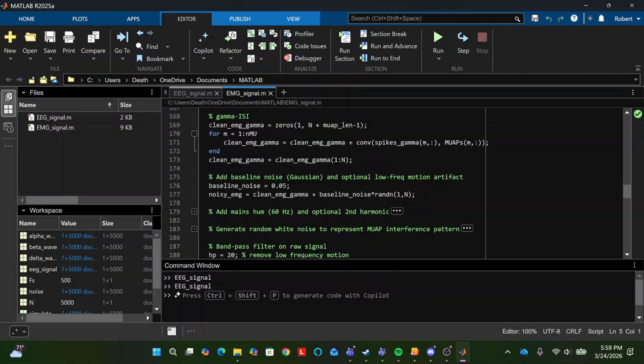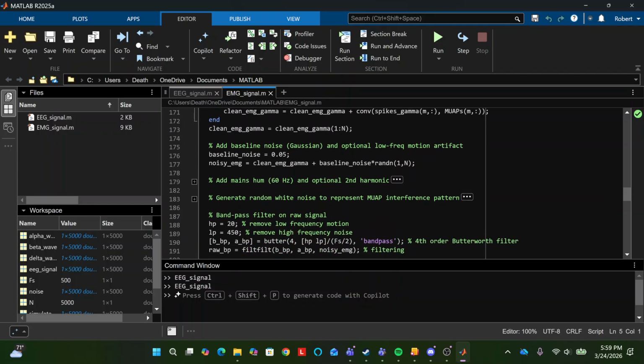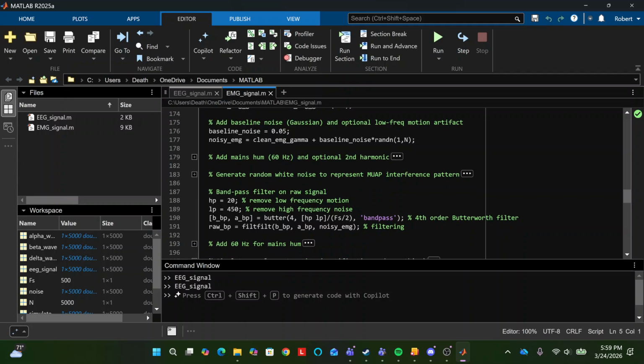And then we're going to clean up the EMG signal, and we're going to add a baseline noise, obviously, relating to the machine. For noise that's coming from the machine, you can add mains hum, which is optional, and an optional second harmonic if you really wanted to.